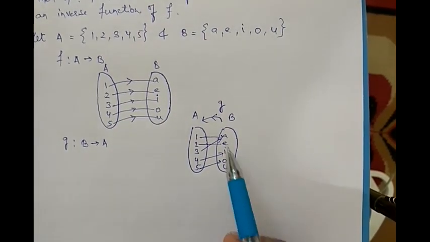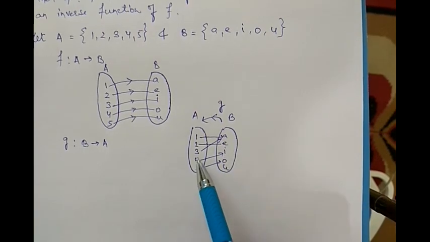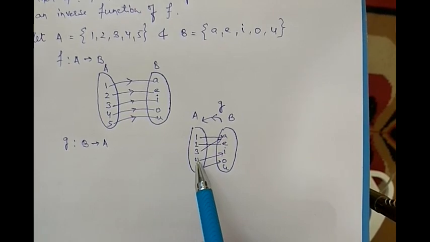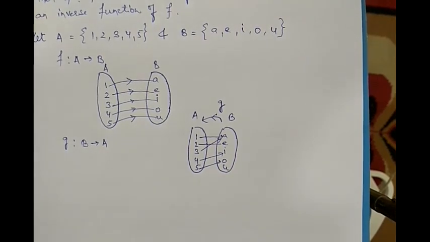For a, there exist two images, one image is 1 and the other image is 3, but the definition of a function says that for every value of x there must exist a unique image in y. If for any value of x there is more than one y, then that will not be a function.